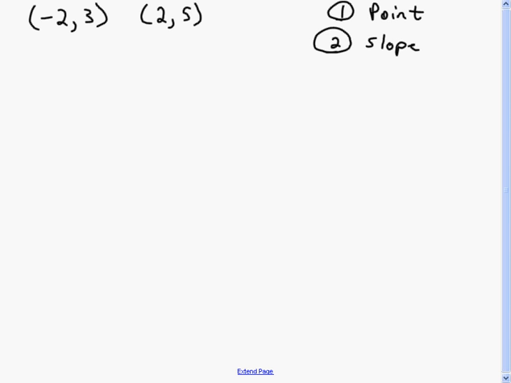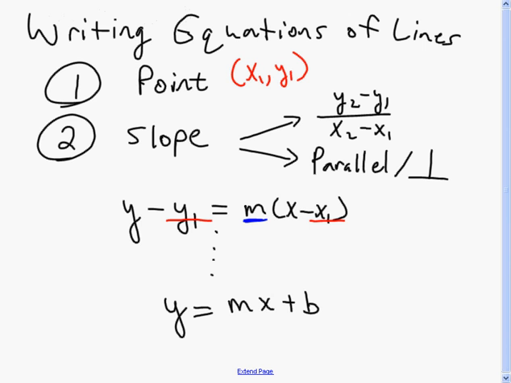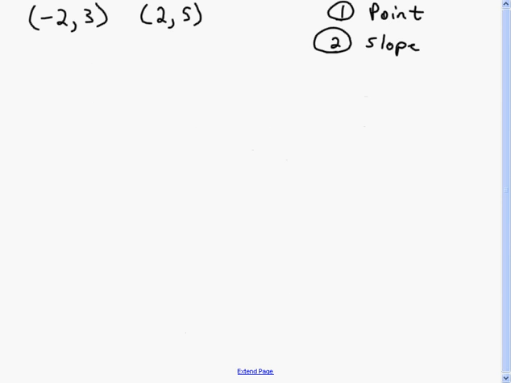If you have 2 points, like I mentioned a few minutes ago, you know how to find slope. You can use the slope formula. So that's the first thing I'm going to do, find that slope. My slope is going to be the difference in my y values over the difference in my x values. Difference in my y values is 5 minus 3.